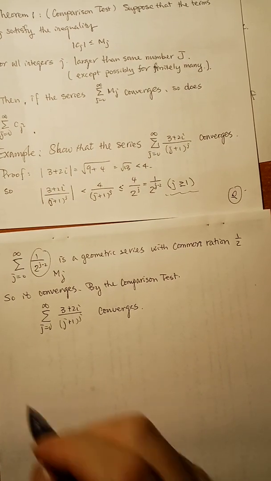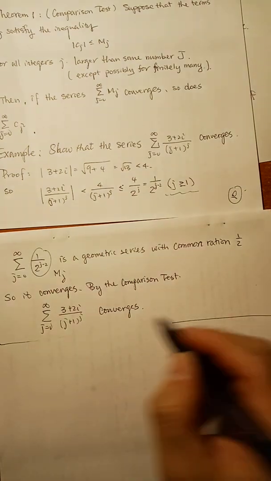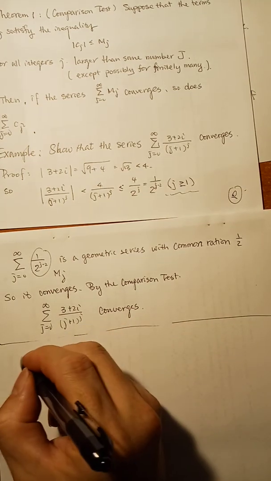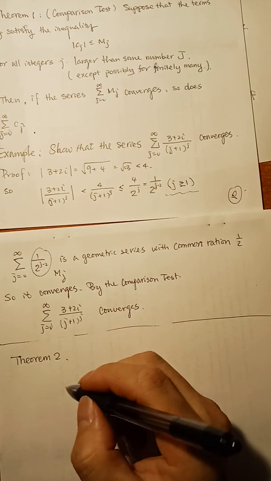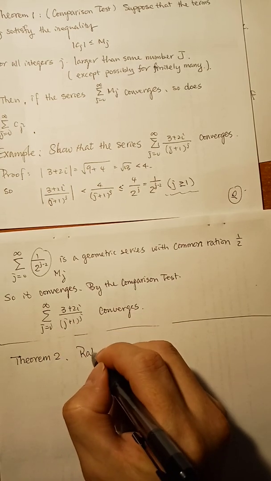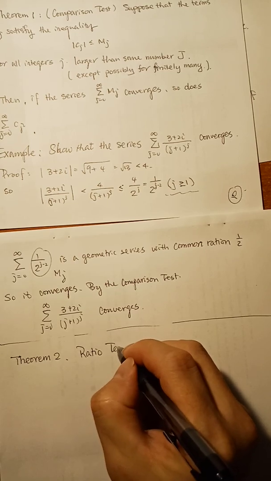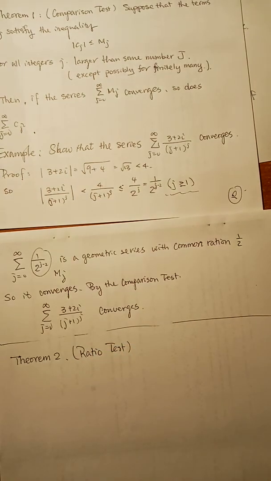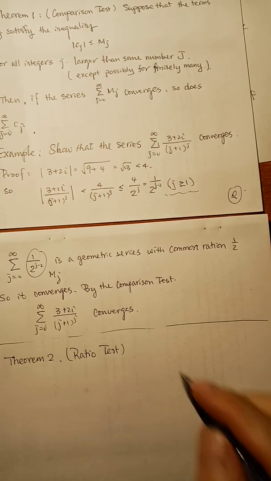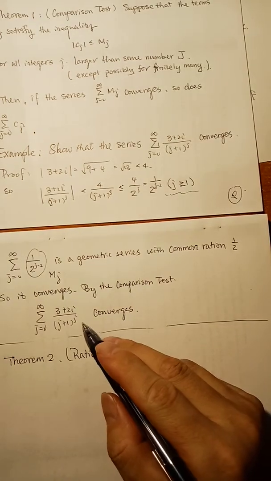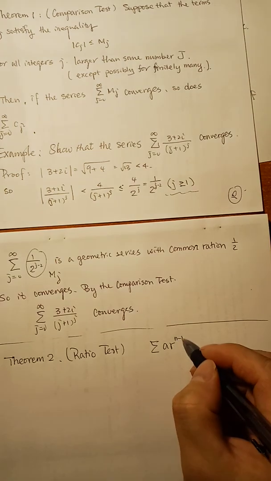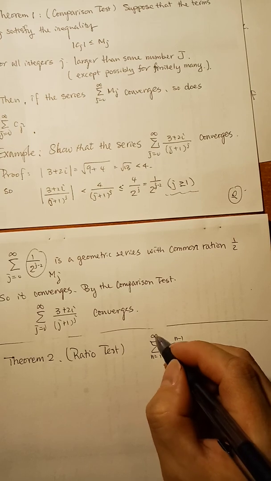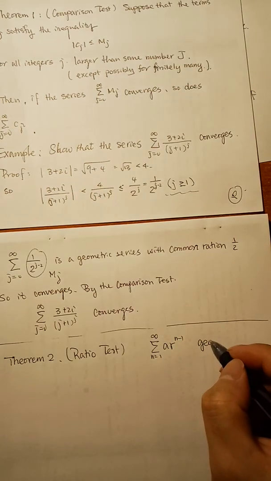After the comparison test, in calculus, we also have the ratio test. The ratio test is the following. Remember the geometric series? What is a geometric series? It's the sum of a r to the n minus 1, n from 1 to infinity.